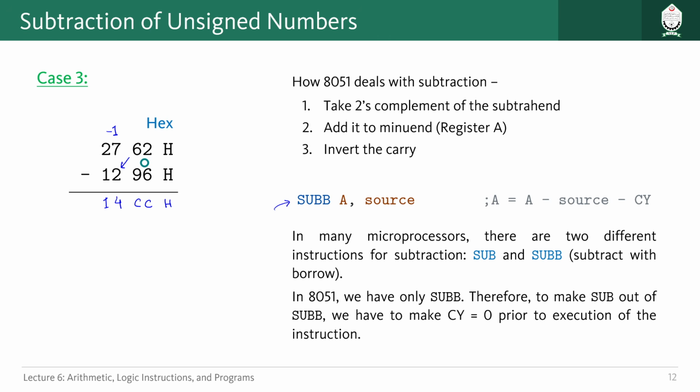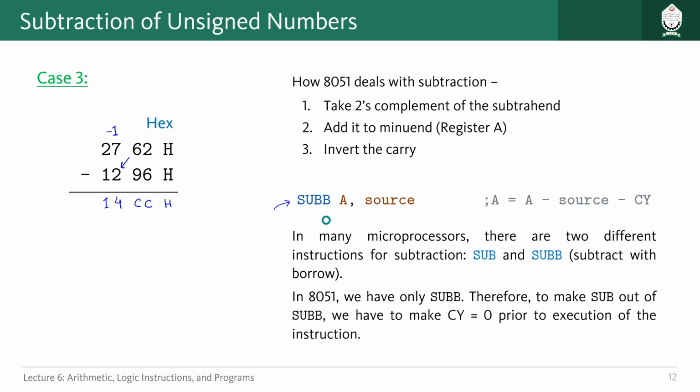After that, there will be some borrow, obviously. And we are going to do the calculation for these two 8-bit values, 27 and 12. But here we have to take care of the borrow that was taken by the previous stage. So an extra one should be subtracted in this stage. So this is actually taken care of with the help of SUBB.